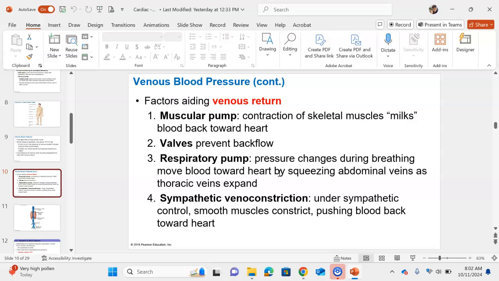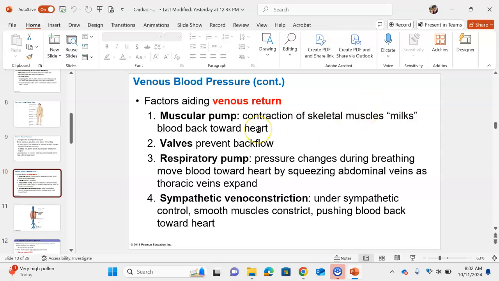We do have muscles in our bodies, which we'll talk about in the final unit, the diaphragm and external intercostal muscles. But what this respiratory pump is talking about is whenever we breathe, whenever we inhale and we exhale, there are pressure changes in our thoracic cavity, in our chest. And those pressure changes are going to, again, kind of milk or guide blood back towards the heart.